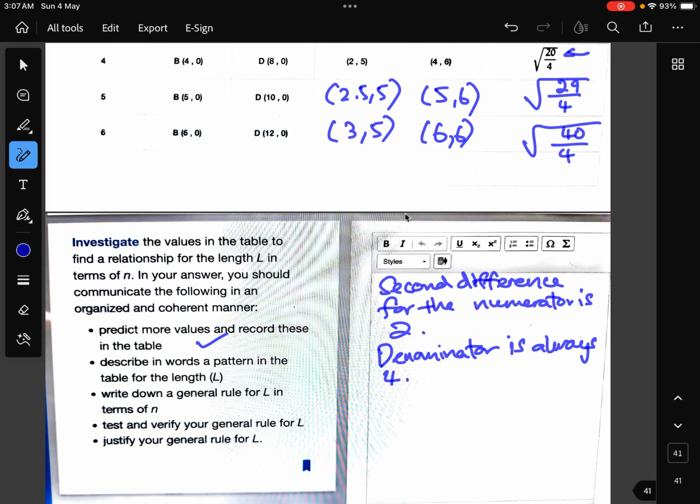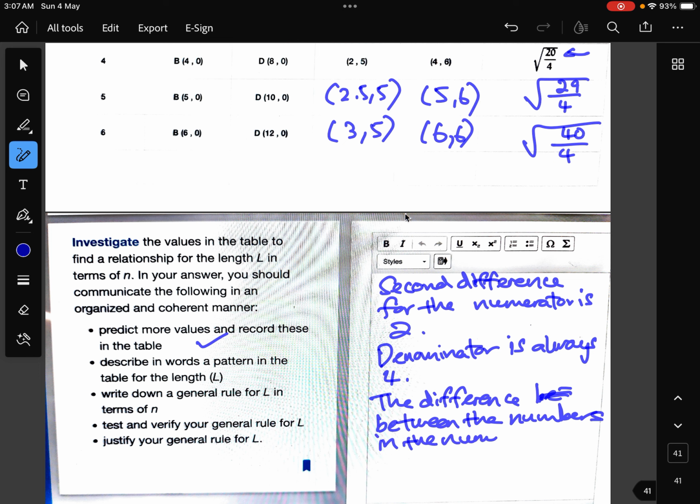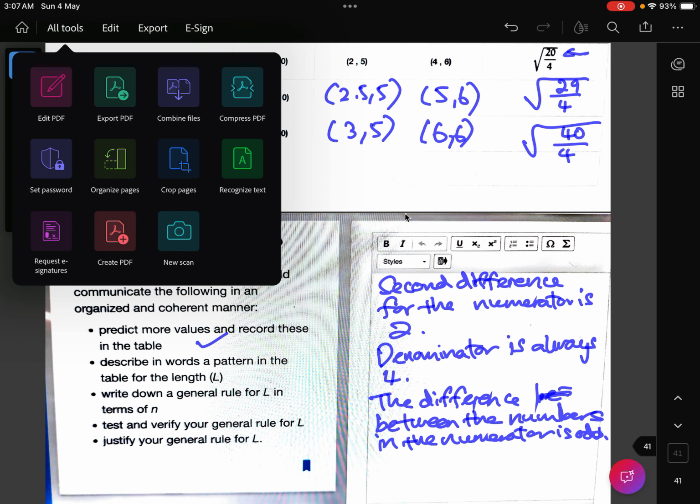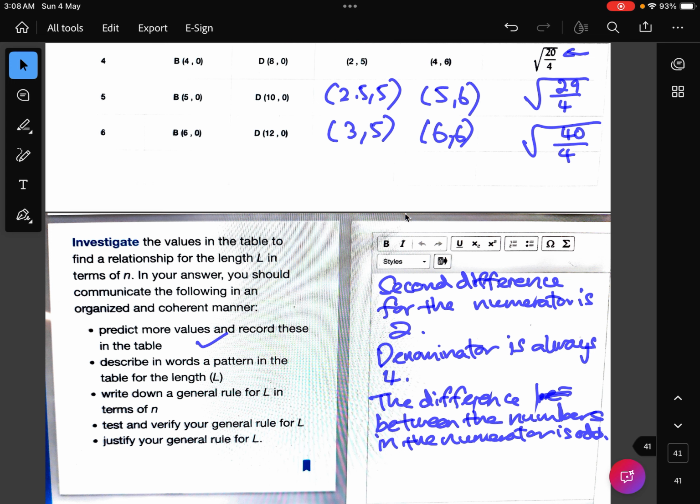Some of you might even write that the difference between the numbers in the numerator is odd. Okay, so technically I don't think there's anything wrong with that.